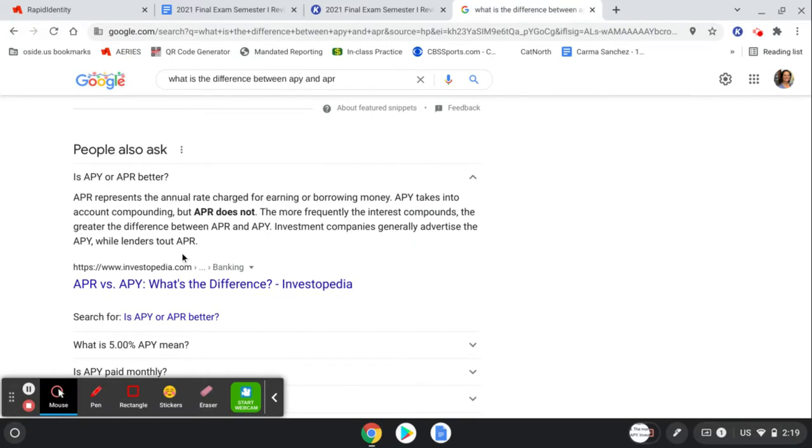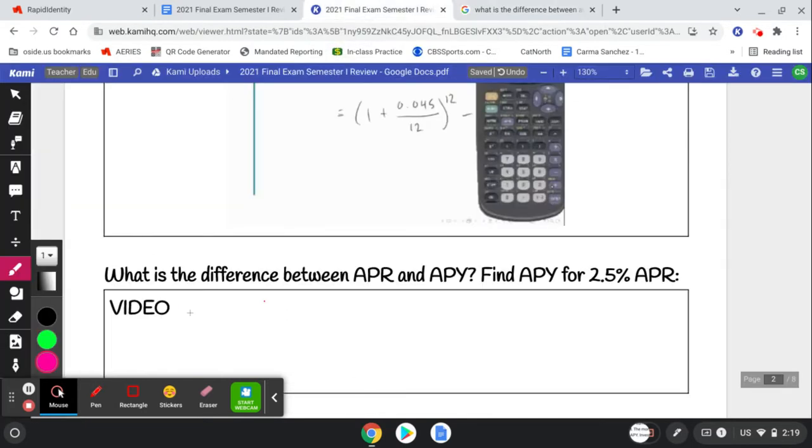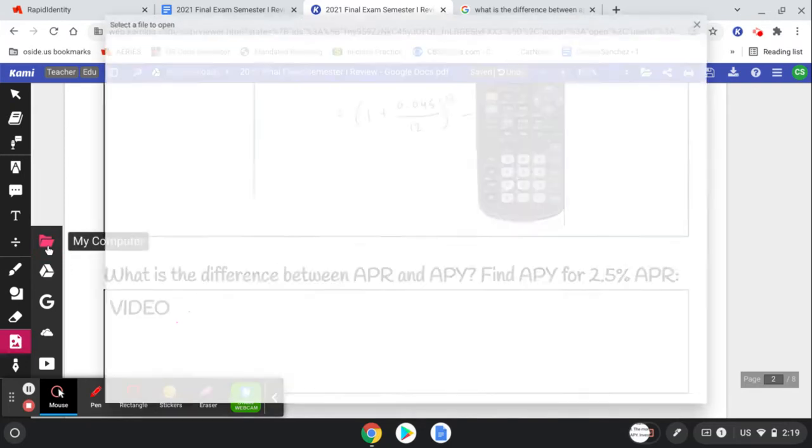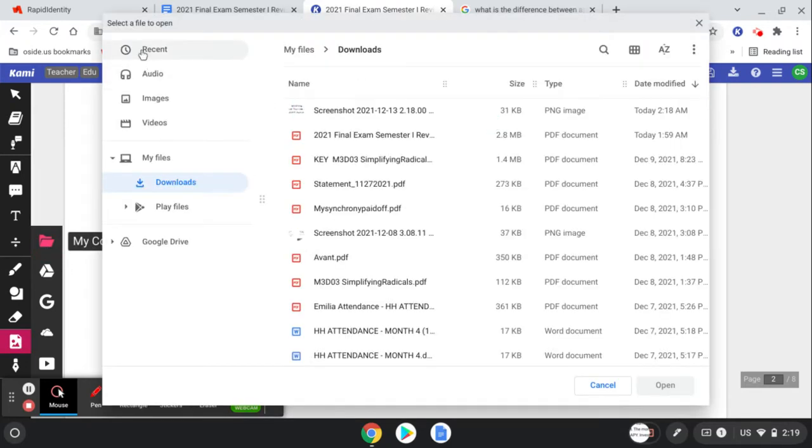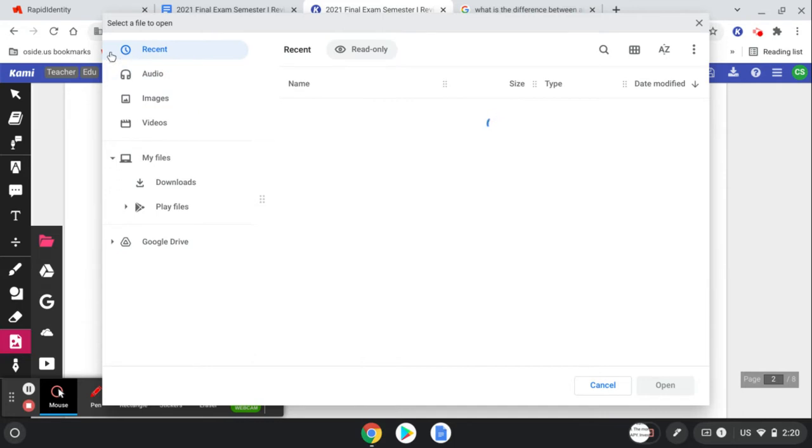So if you just Google it, what's the difference between APY, I keep saying I, and APR, then I want you to go ahead and write in that difference for you, or at least both definitions, okay? And I'm just going to insert this little Googled definition.